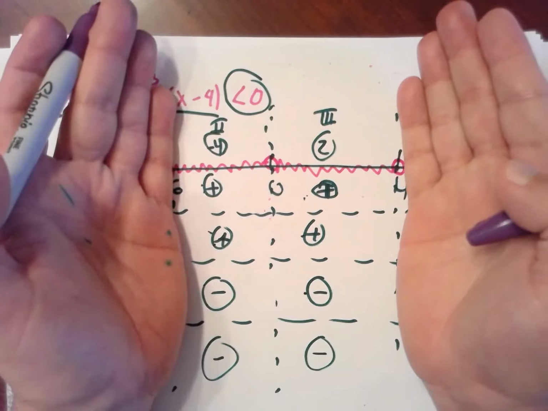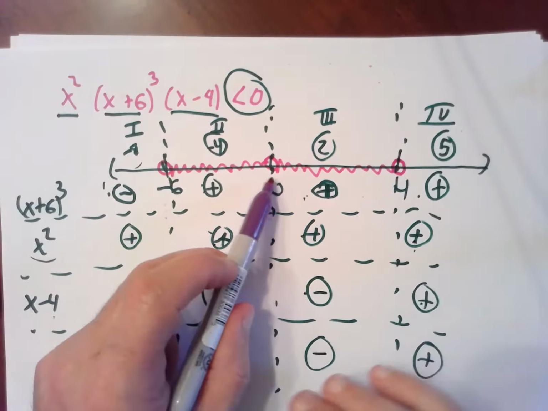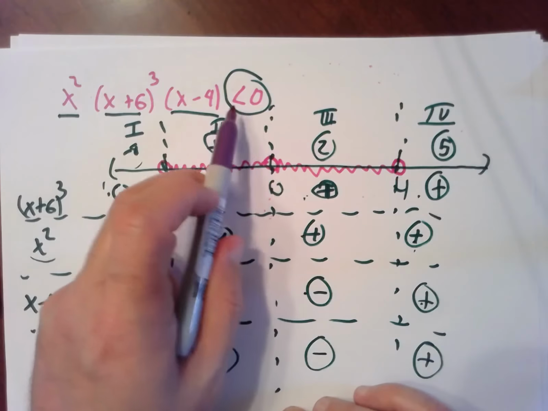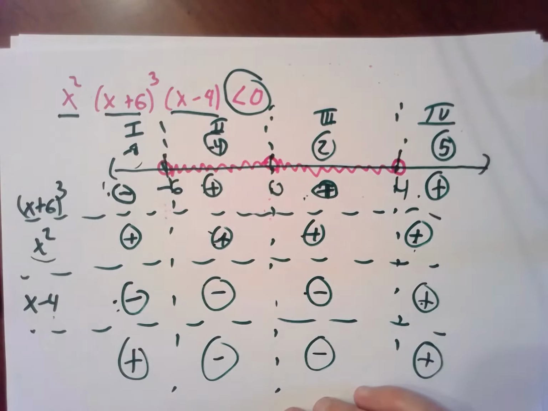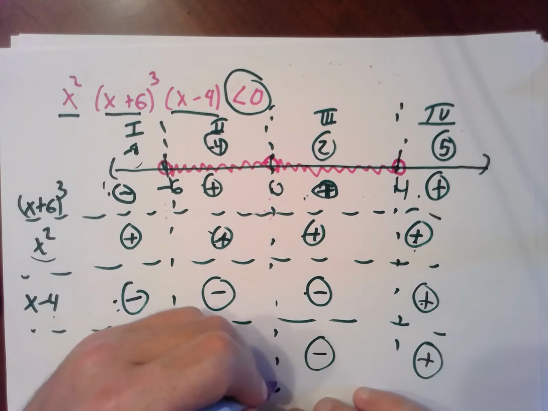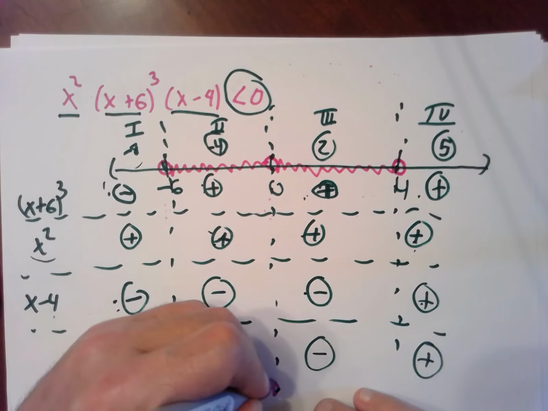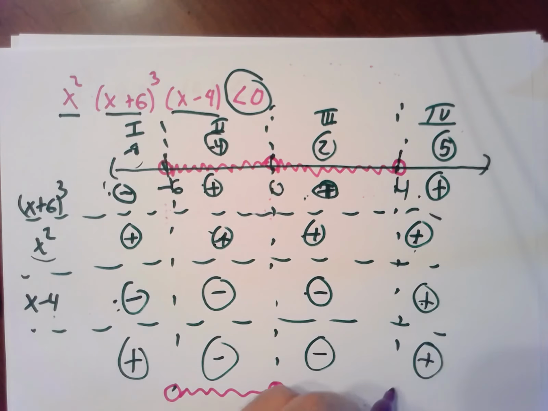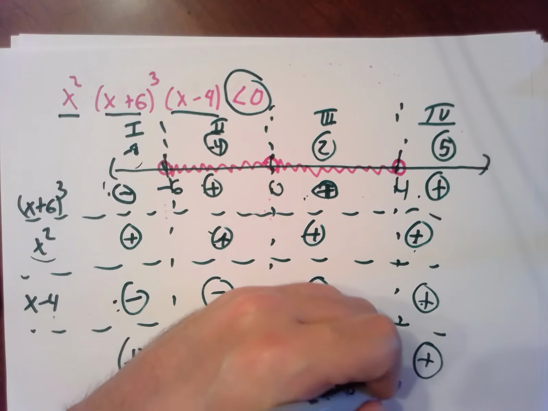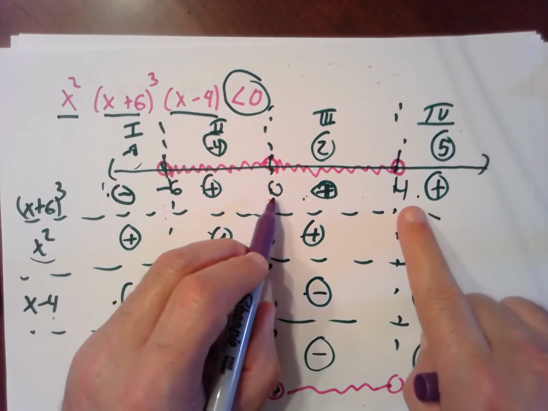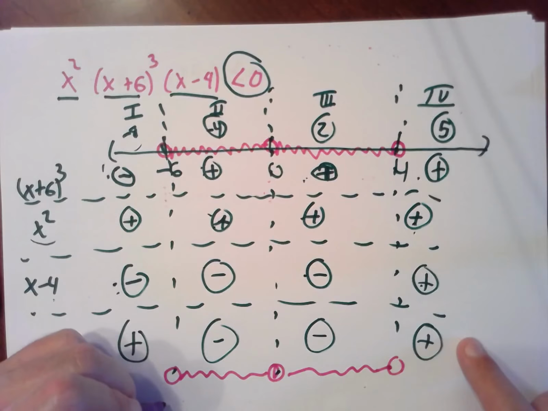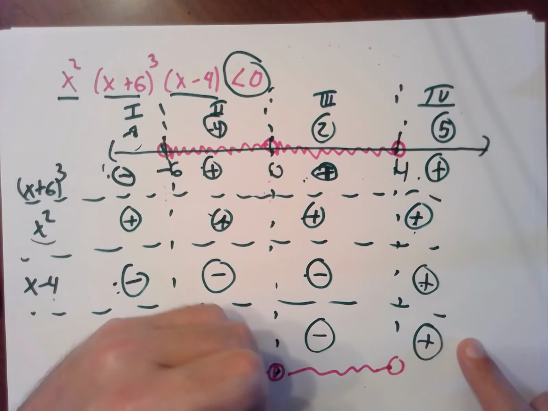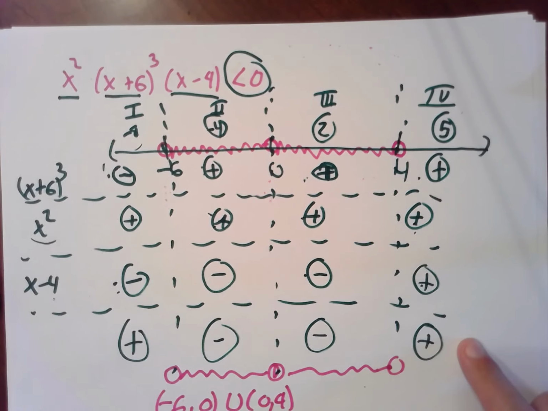Even though that's in between here and here, if I plug in 0, 0 squared is 0, the whole thing would equal 0, and I want strictly negative. So I only want this stuff in between negative 6 and 0, and this stuff in between 0 and 4. So the solution would be negative 6 to 0, union 0 to 4.